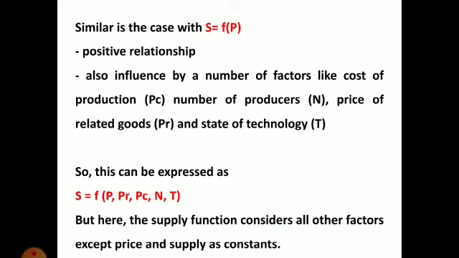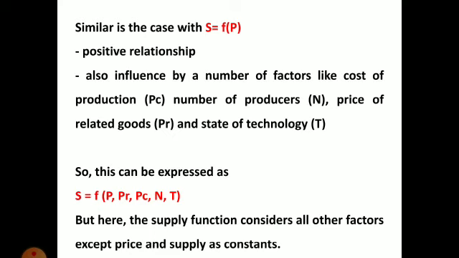Now just forget about the price. Let's see the relationship between supply and cost of production. When cost of production increases, what happens to supply? Supply decreases. So these are the factors influencing supply. So when we take all these factors, how do we express them?